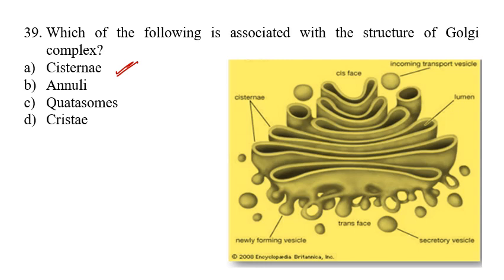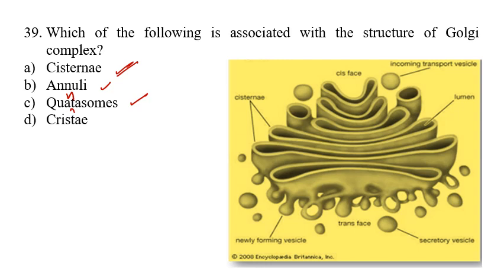Okay. While annuli is a ring or group of thick-walled cells around the sporangia of many ferns that function in spore release. Okay, so these are annuli. Quantasomes are particles which are found in the thylakoid membrane of the chloroplast in which photosynthesis takes place.